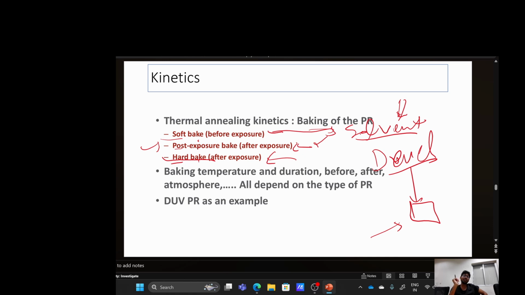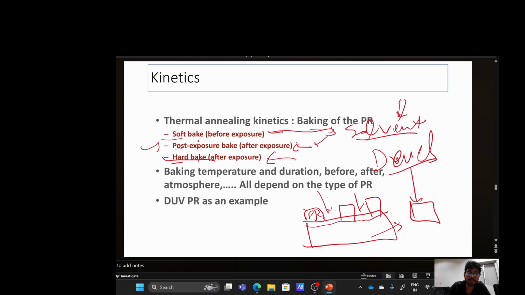So if you want to keep it in some acid, because you have transferred this pattern over this. Okay, this is the pattern, this is the photoresist, and this is exposed, and there is something underneath that you want to transfer the pattern to. If SiO2 is there, you want to dip it in HF.